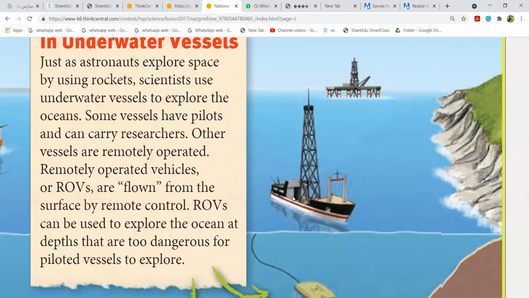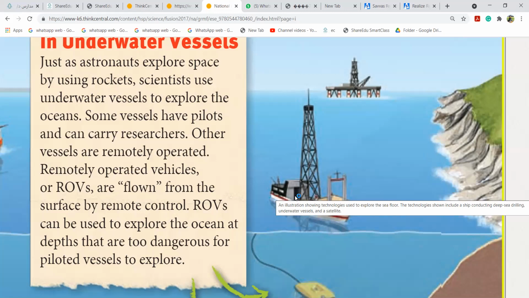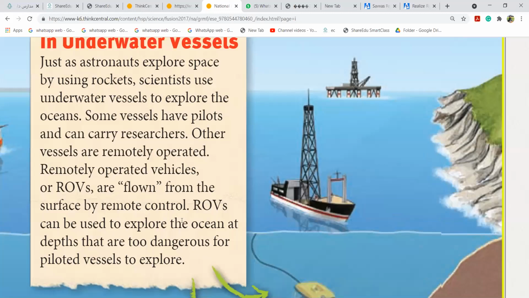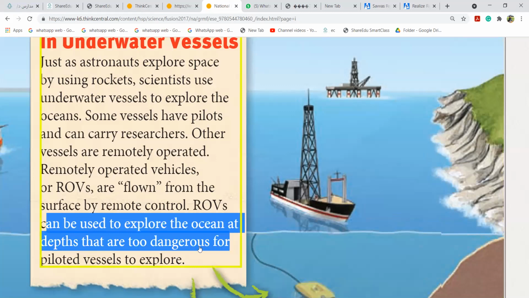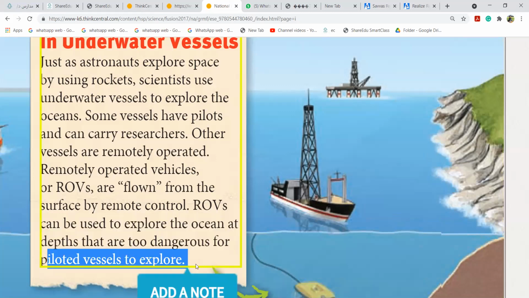They sit in the ship and control it from the surface. So ROVs can be used to explore the ocean at depths that are too dangerous for piloted vessels to explore.